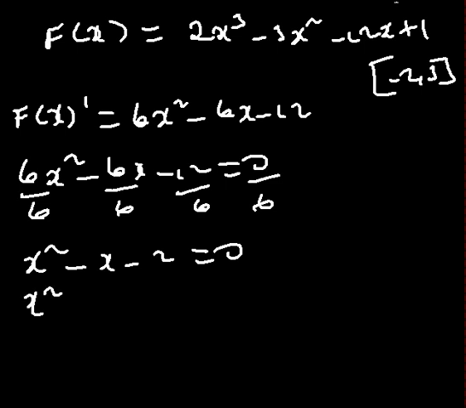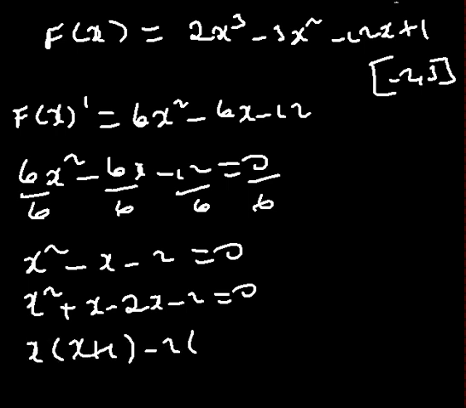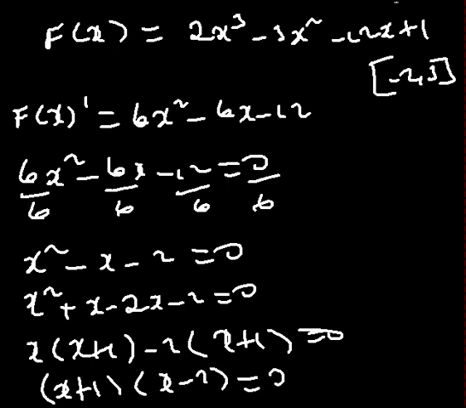We'll have x squared plus x minus 2x minus 2 equal to 0, and thus x(x + 1) minus 2(x + 1) equal to 0. Therefore (x + 1)(x - 2) is equal to 0.